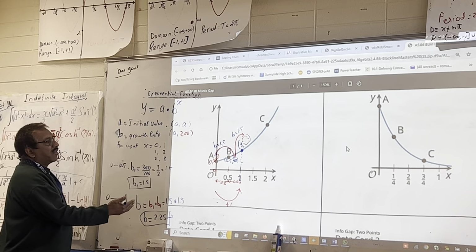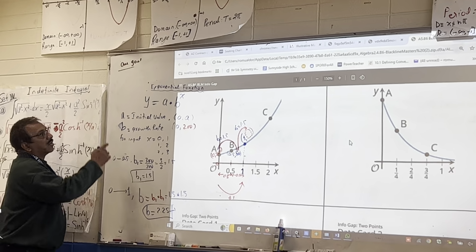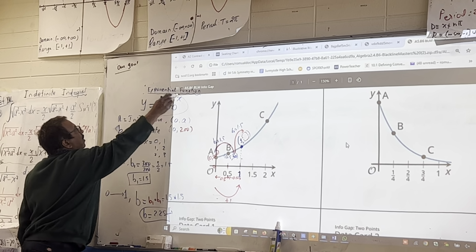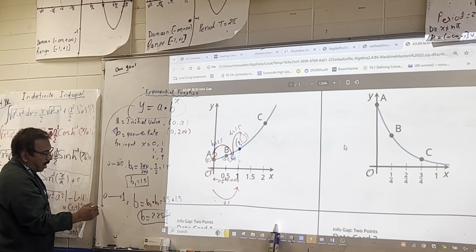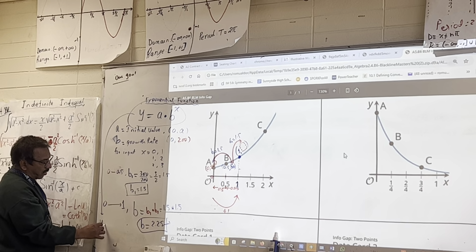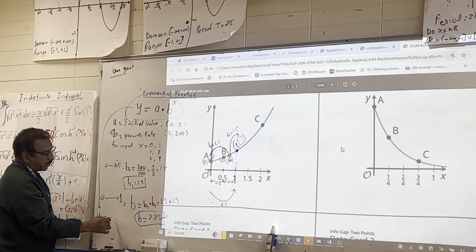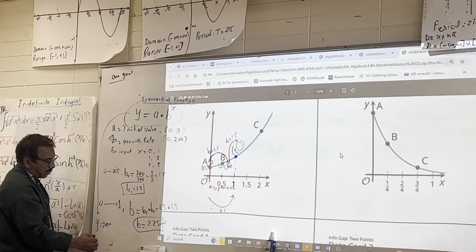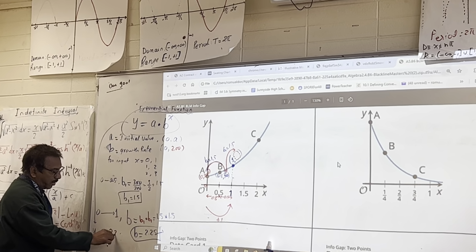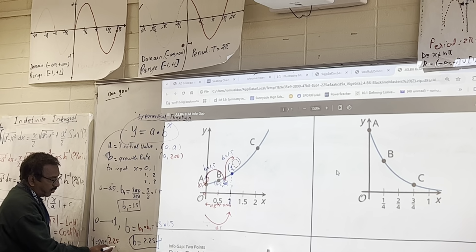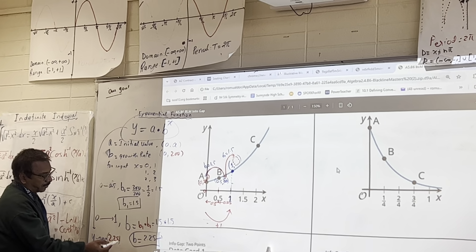Okay, so your final answer, so therefore, this was the question, right? I am ending it saying y is, in the beginning, it was 200, and then the b that I got is 2.25 raised to the power what?